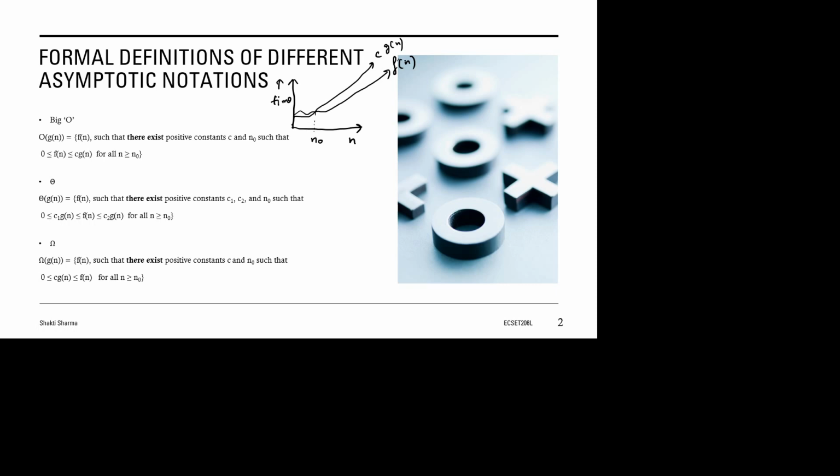In other terms, we say c g(n) is always higher than f(n) for sufficiently large values of n. Sufficiently large value of n means that n is greater than n naught.